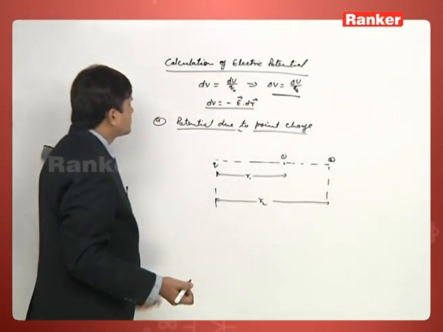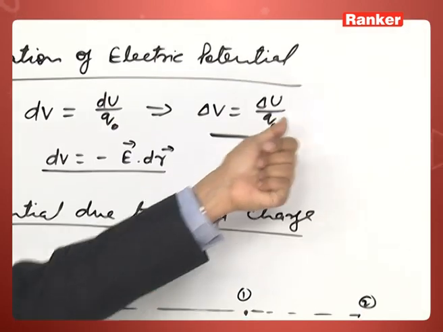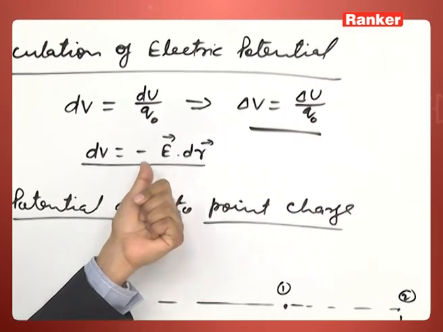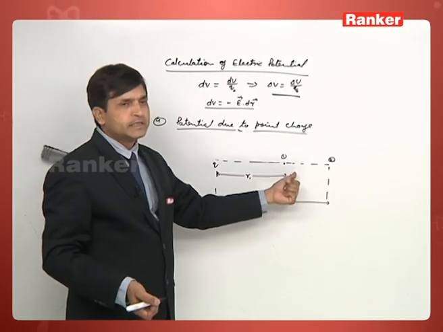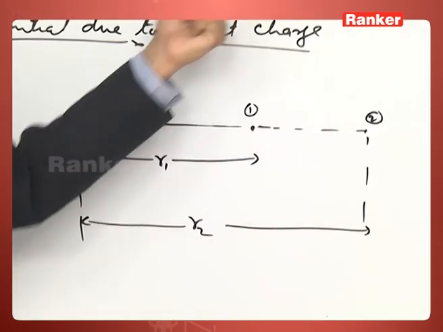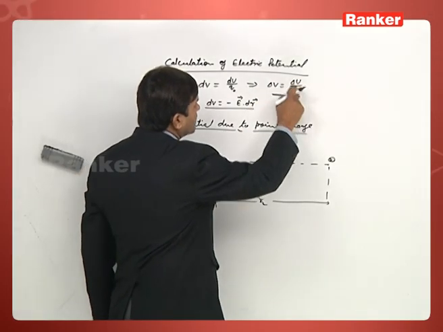Now there are two ways. Either we can go with this relation or we can go with that relation. Any way we can solve, and I will discuss both cases. What is the meaning of delta V equals delta U by Q naught?